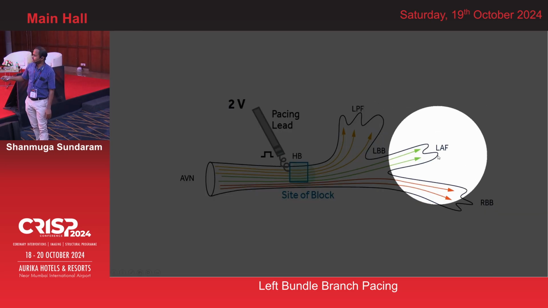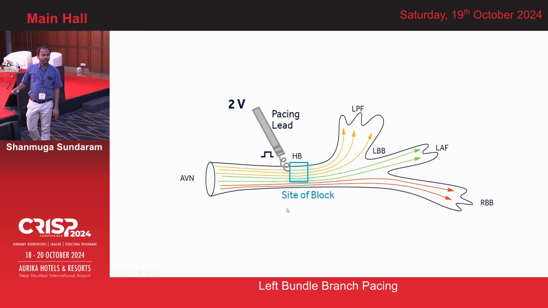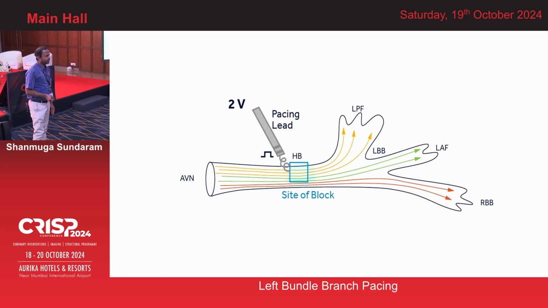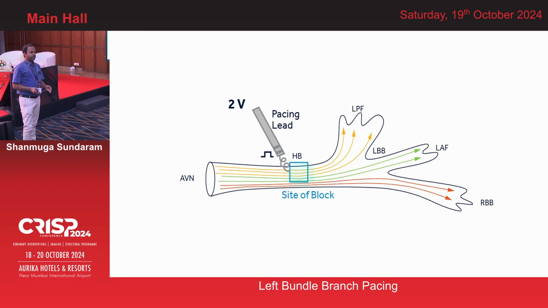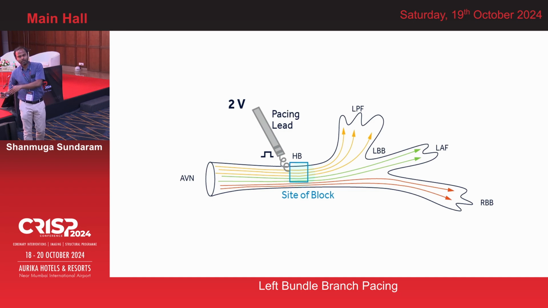So if you have any segmental disease within the His bundle, if it affects the red fibers, the patient can have a left bundle branch block or right bundle branch block depending upon the segments getting affected. So this will tell you that you can do His bundle pacing to correct the left bundle branch block or right bundle branch block, right?